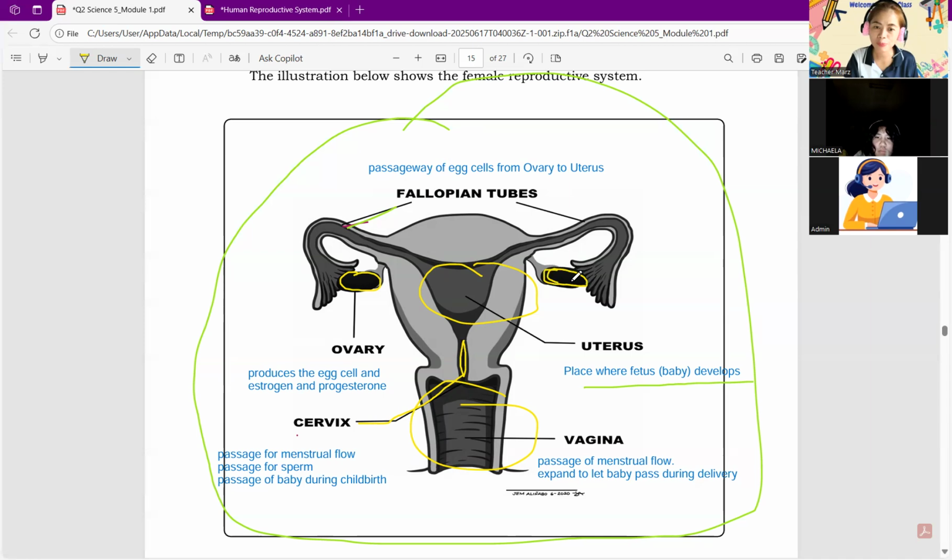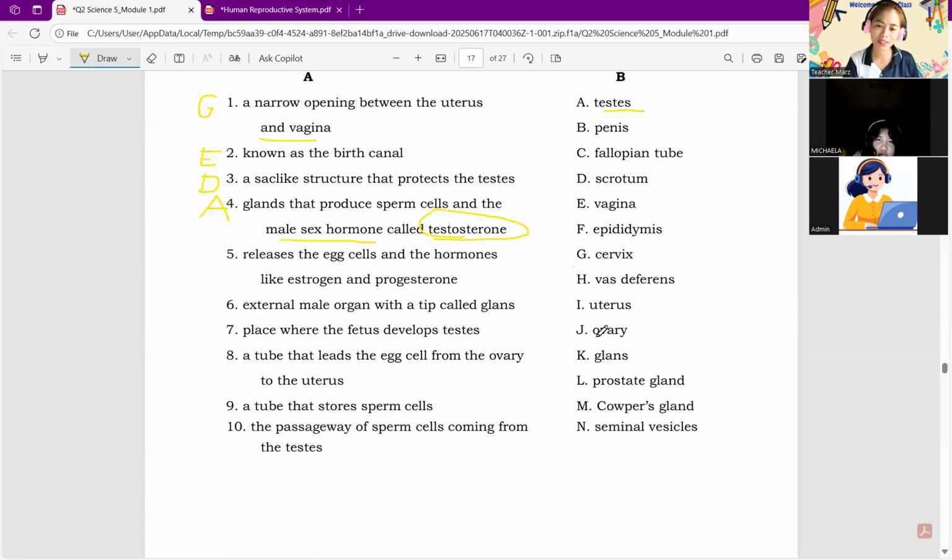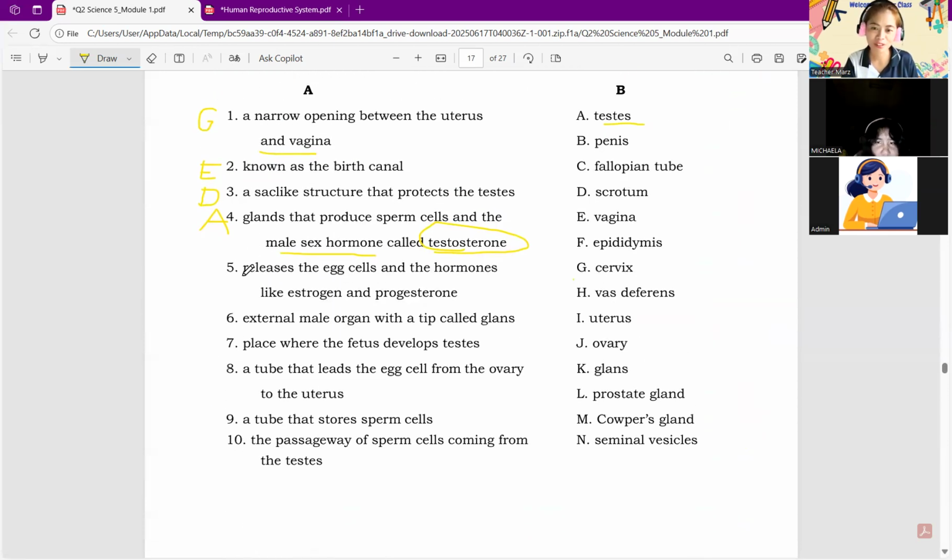So what do you call this part here? Ovary. Okay, very good. That's the ovary. So what do you think would be the answer? Number 5, ovary. It's letter J. So its ovary releases the egg cells and the hormones like estrogen and progesterone.